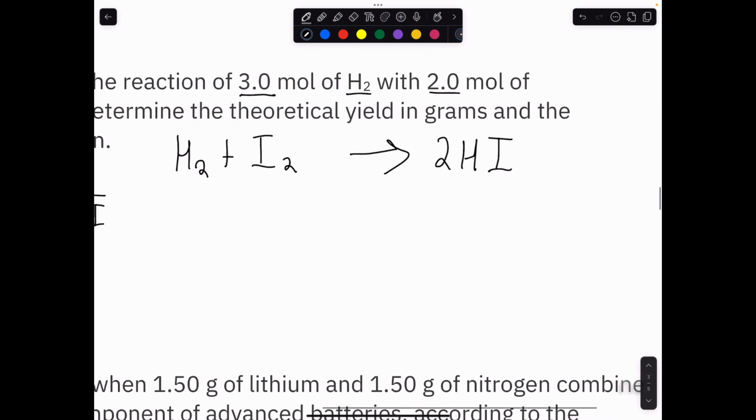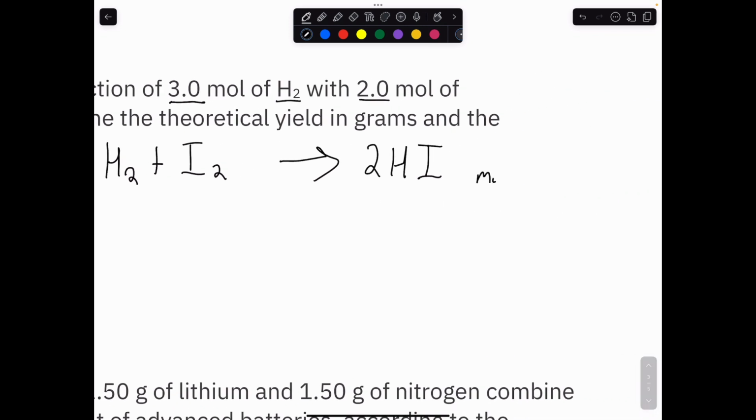to its molar mass, which the molar mass of HI is, and give me just 1 second. Let me figure that out because my brain is very silly.